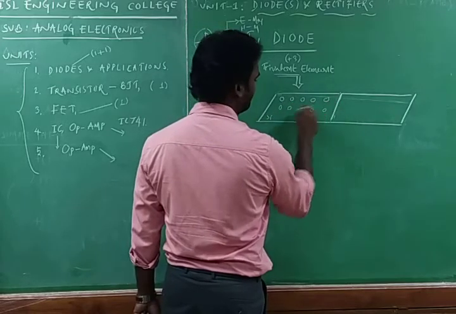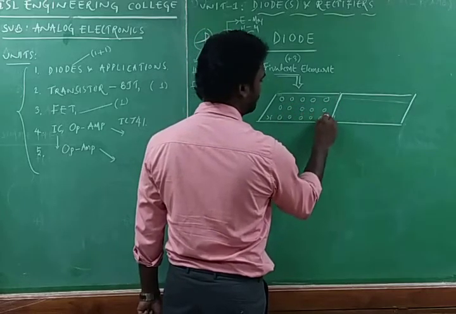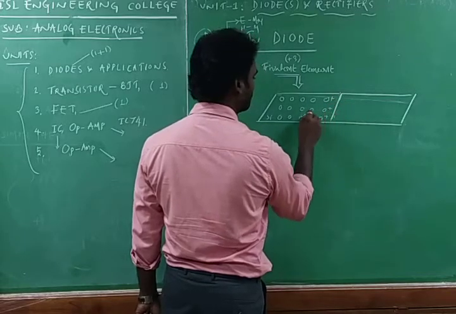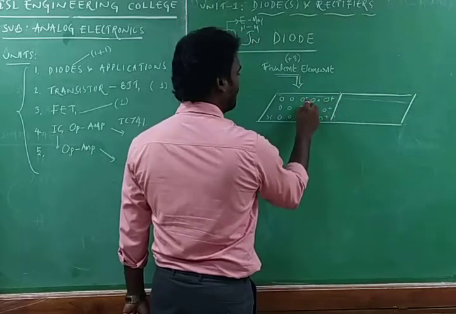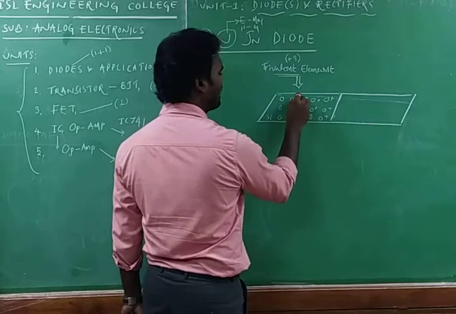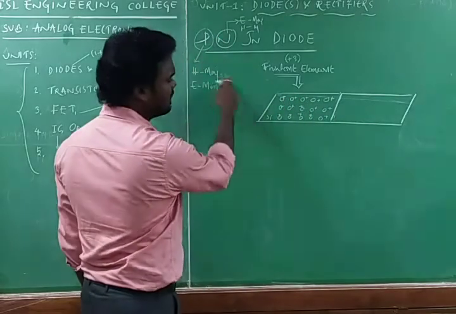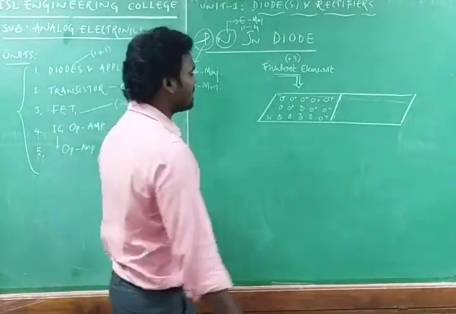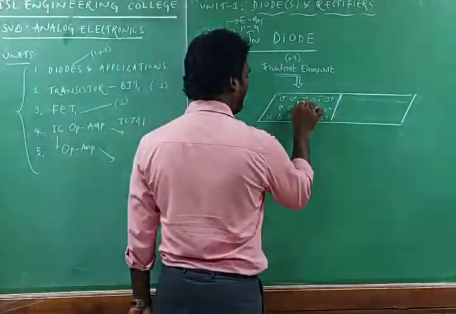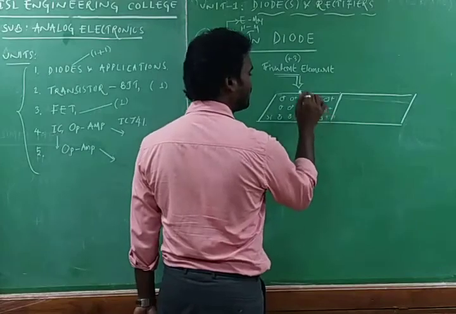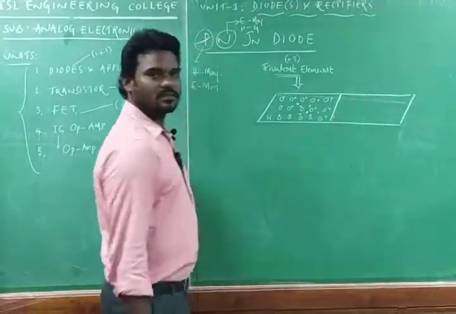The charge of the hole is positive. This is a hole, plus. It is clear that a p-type semiconductor is one in which holes are more, so these holes are named majority charge carriers, and electrons we can call minority charge carriers.